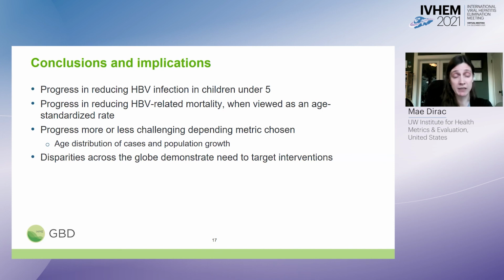We also see disparities across the globe that demonstrate the need to target interventions, with some parts of the world already meeting targets for 2030 and other parts of the globe missing 2020 interim targets and not in a good position to achieve 2030 targets.